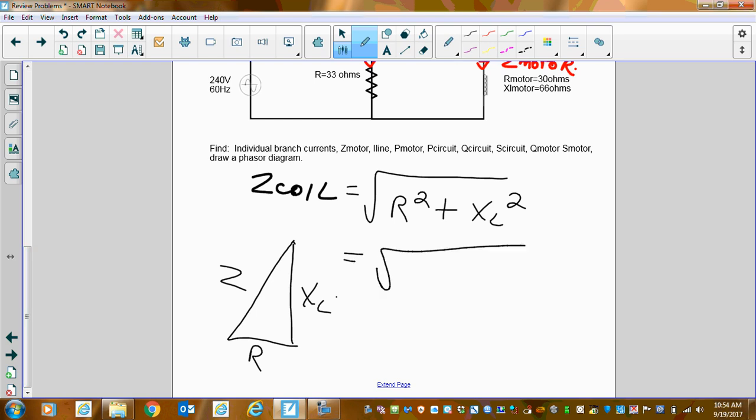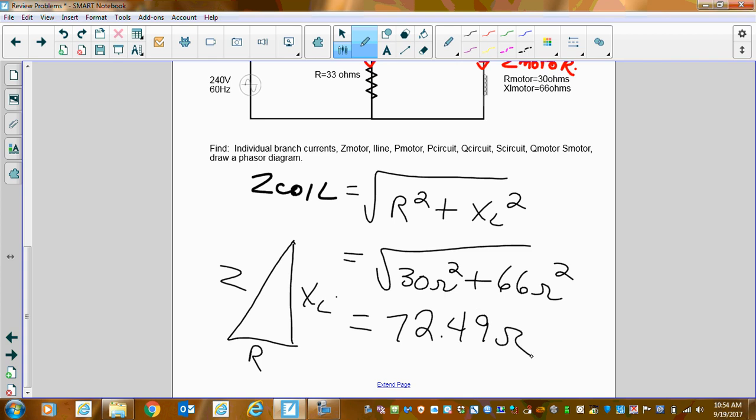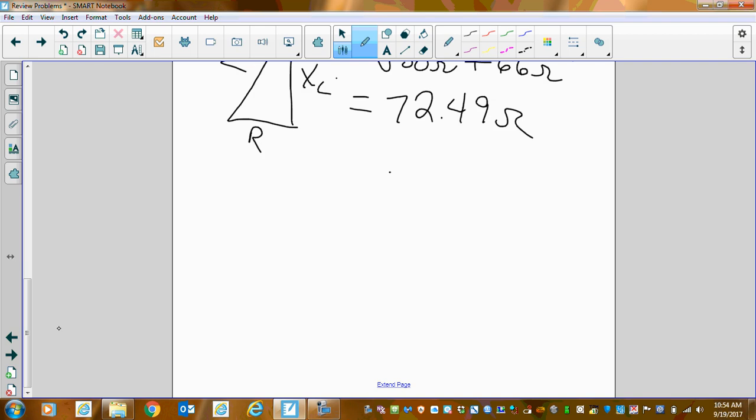So if we do the square root of our resistance, which is 30 ohms squared plus 66 ohms squared, Z should come out to, let's see here, Z should be 72.49. So most of you guys are probably following along. Let me know if that's also what you got.